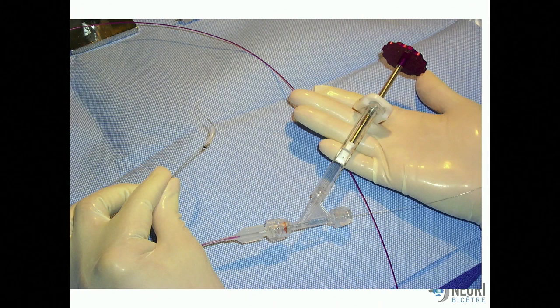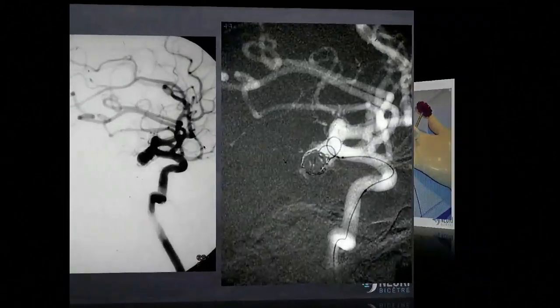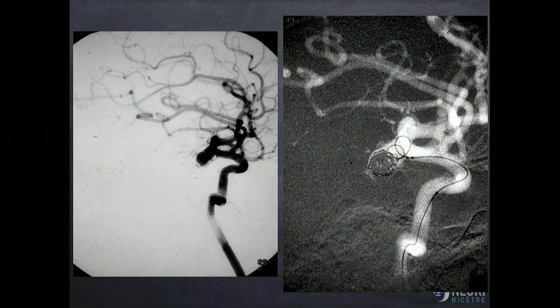This is one of the first patients that was treated by Jacques Moret, and you see that it's a carotid siphon aneurysm, and for sure there is no neck. When you place the coils, they are always going inside the parent vessel. So a balloon was inflated, this is in 1993, something like that.